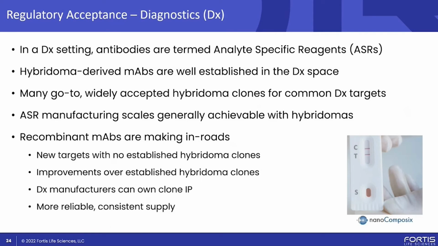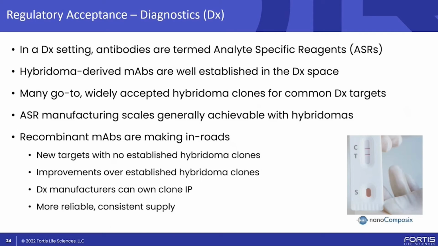However, I think it is becoming the case that recombinant antibodies really are making inroads in the diagnostic sphere. Many of the newer targets don't have established hybridoma clones, so they're really in need of new antibody clones. There's also opportunities to improve upon existing hybridoma clones.